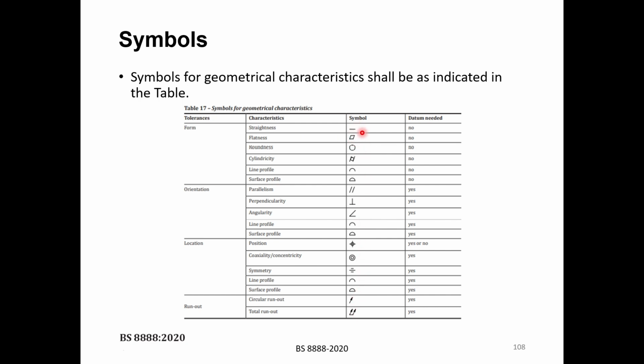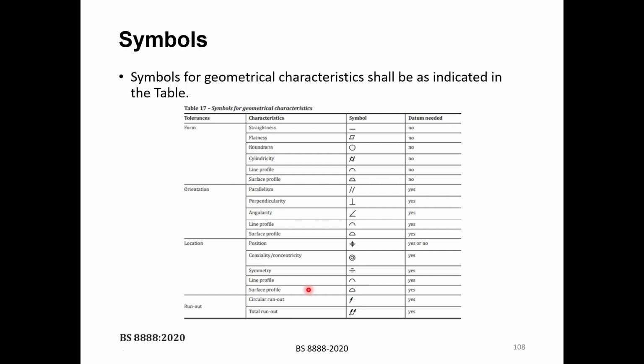symbols like straightness, flatness, roundness, cylindricity, line profile, surface profile, parallelism, perpendicularity, angularity, position, coaxiality, symmetry, line profile, surface profile for the location.